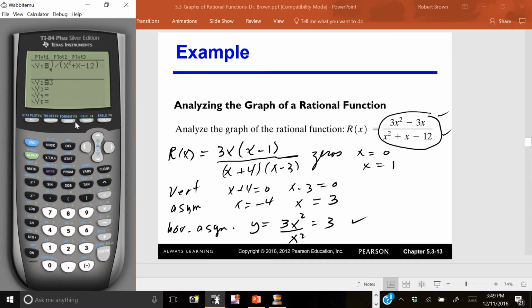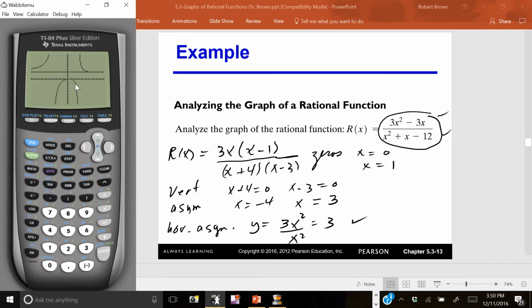And let's zoom to the standard window. There you'll see the function itself, and then we drew the horizontal asymptote. Here you can't see for sure where there's going to be an intersection of the horizontal asymptote y equals 3 and the right-hand side of the rational function, but it sure looks like it is going to.